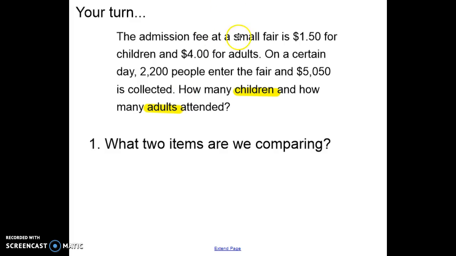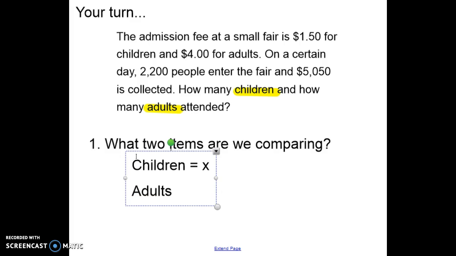So we can set those up as our variables, as those are the two things we're comparing. So for the sake of this problem, we're going to call children X and adults are going to be represented by Y. You can choose any variables you like. We don't know how many children and how many adults attended, which is why we're using variables for those.